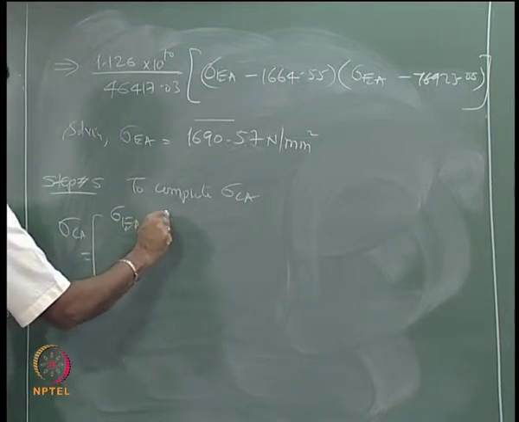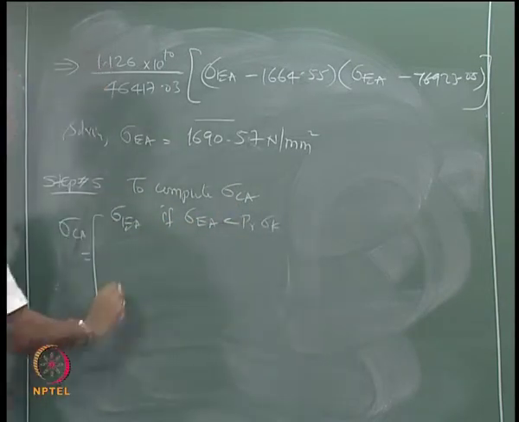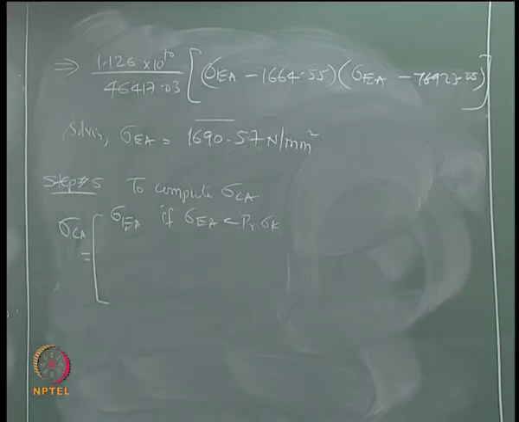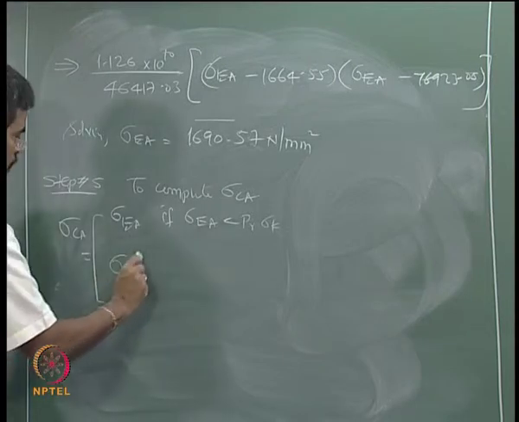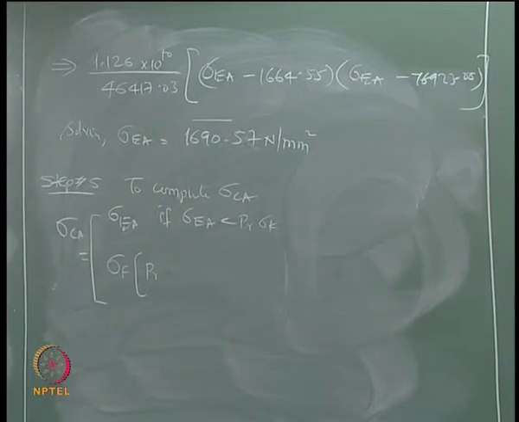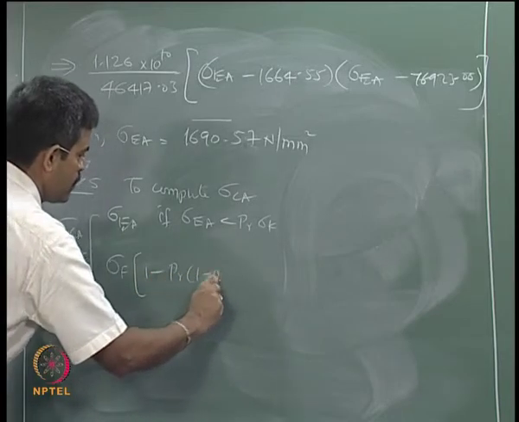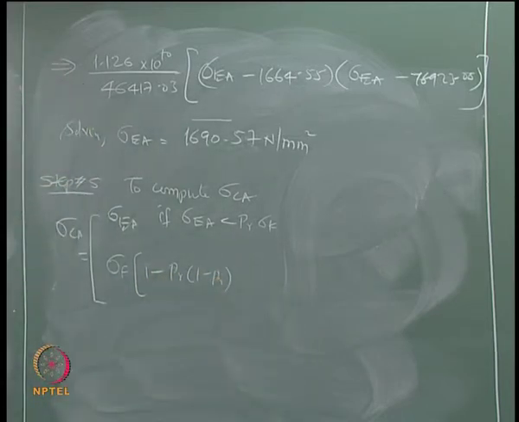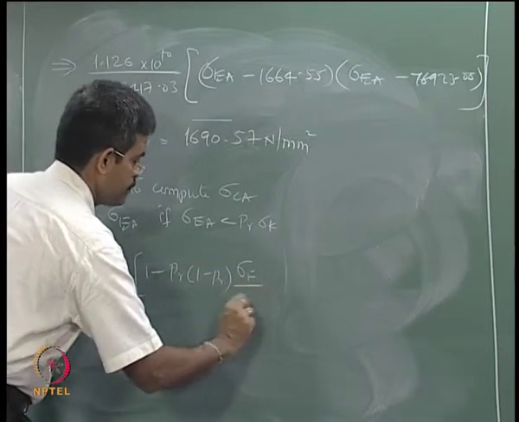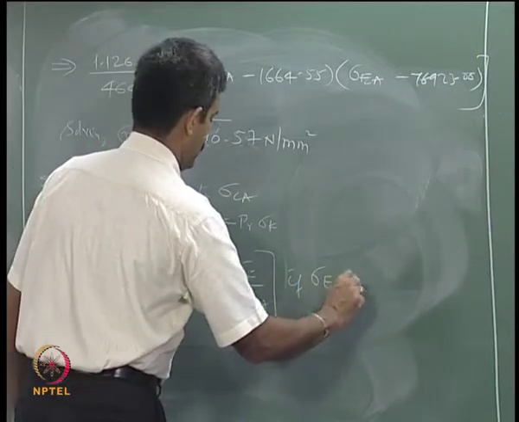Directly sigma Ea, if sigma Ea is less than Pr sigma F, otherwise it is given by sigma F of Pr if sigma Ea is greater than.